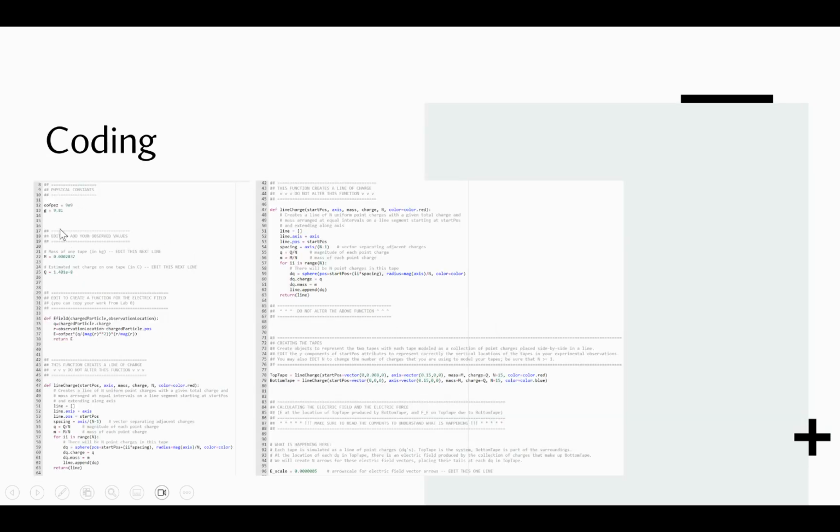So for the coding, your typical defined variables. Here's the mass of the tape from Lab 1, as well as the charge that we find a bit later. Here is the definition of an electric field from Lab 0.